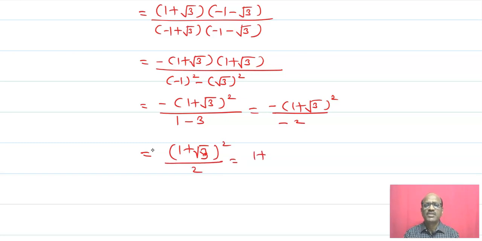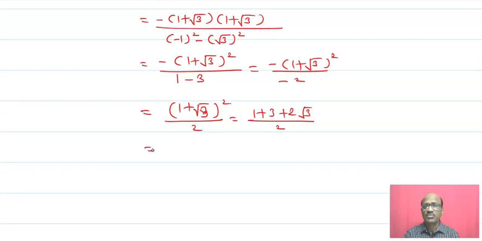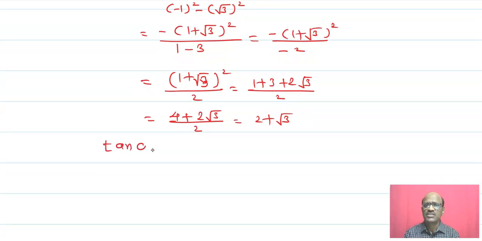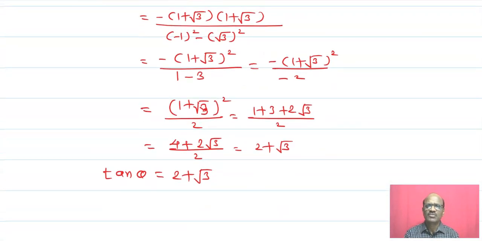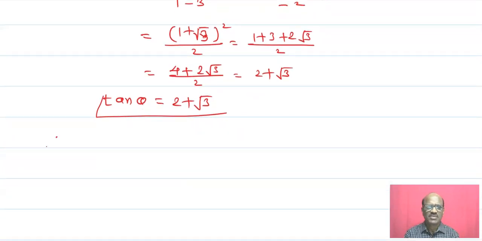Next is 1 plus root 3 upon 2. 1 plus root 3 bracket square upon 2. Expand it again. I had written first the square terms: 1 square plus root 3 square means what? 3. That is 1 plus 3 plus 2 root 3 upon 2. And normal their addition, that is tan theta is equal to 2 plus root 3, you can also simplify.